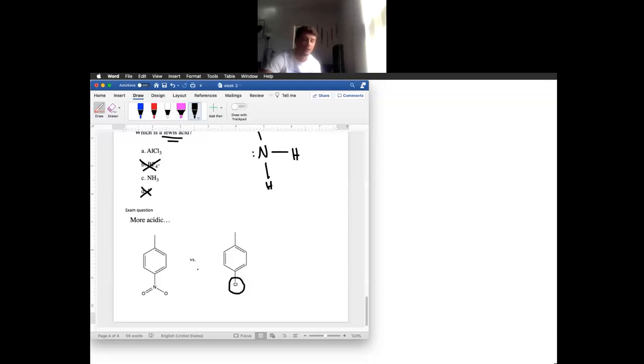Positive. And so what do we know about positively charged atoms? Do they want electrons? Yes. And so a positive charge is going to draw electrons towards itself, right? And you have these electronegative atoms. So as a whole, this nitro group will be pulling electrons more so towards this group than just the halogen itself. Does that clear things up for you?